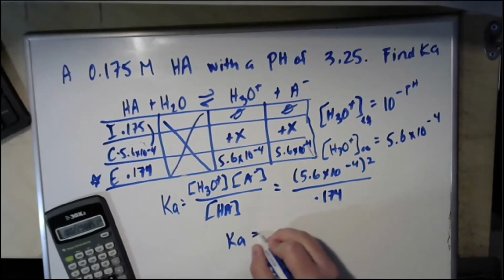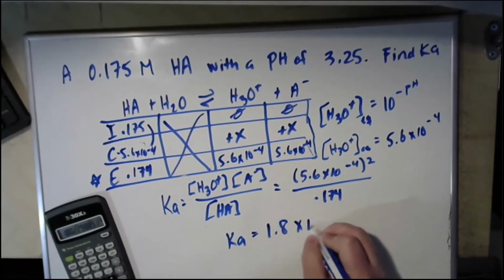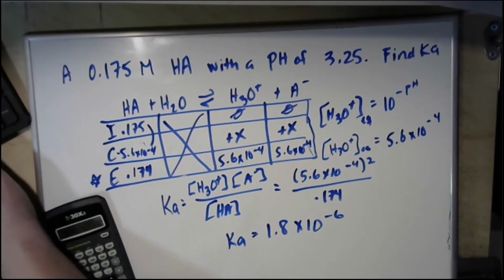So we have a Ka of 1.8 times 10 to the negative 6. Okay. Easy enough.